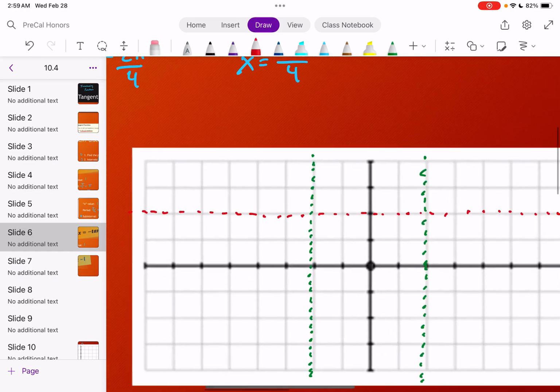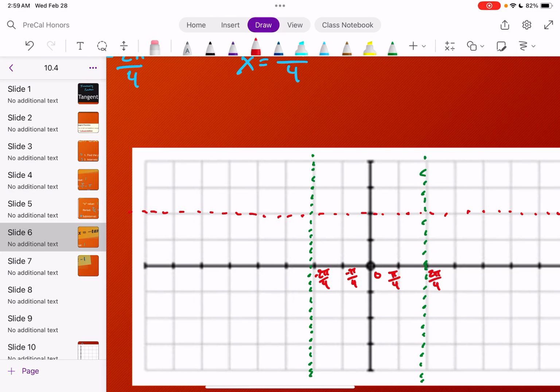You do want to go ahead and label your x-axis. So this would be negative 2 pi over 4, negative pi over 4, 0, pi over 4, and 2 pi over 4.